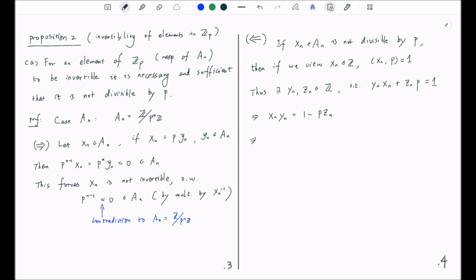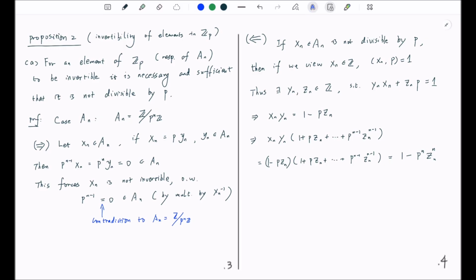If we multiply both sides of this equation by this element, we realize that the right-hand side, by the classical formula from algebra, is equal to 1 minus p to the power n, z_n to the power n.